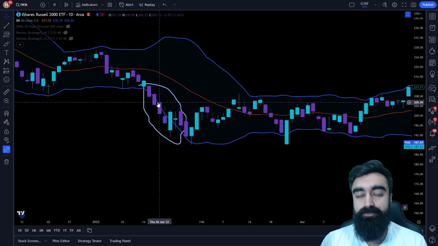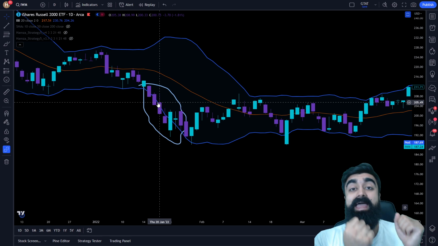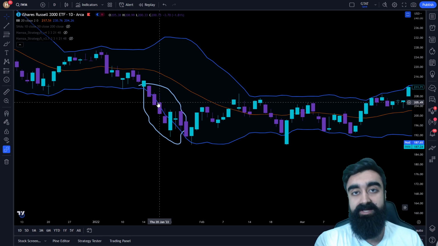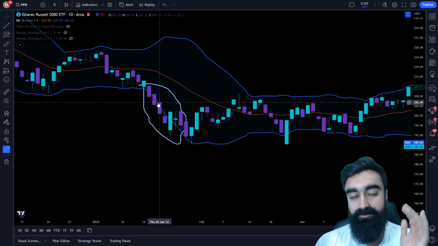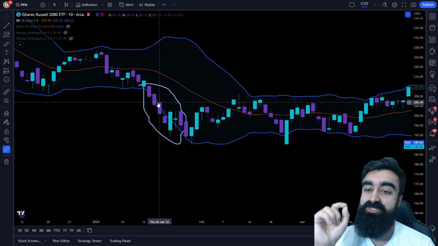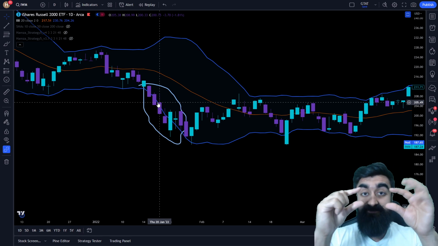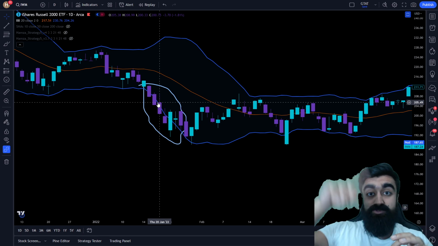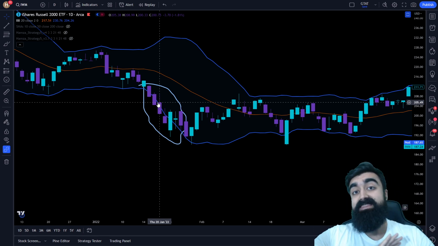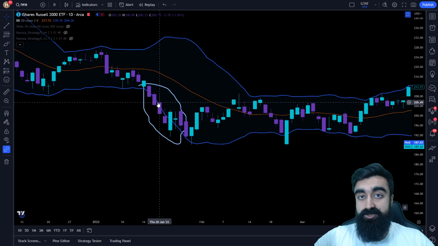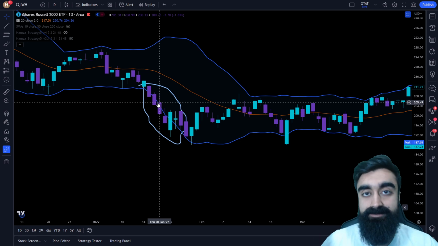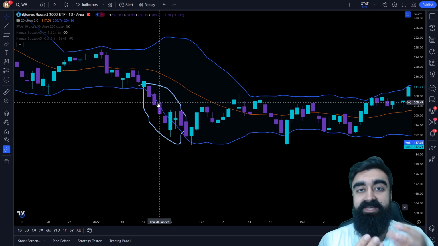The real true overextension in terms of Bollinger Bands occurs when you are opening and closing outside of the Bollinger Band, either the upper or the lower. If you see an open within it and then a close outside, then that gives more room to a continued move in that direction, because it's not an overextension. It's only an overextension if it's opening and closing outside.